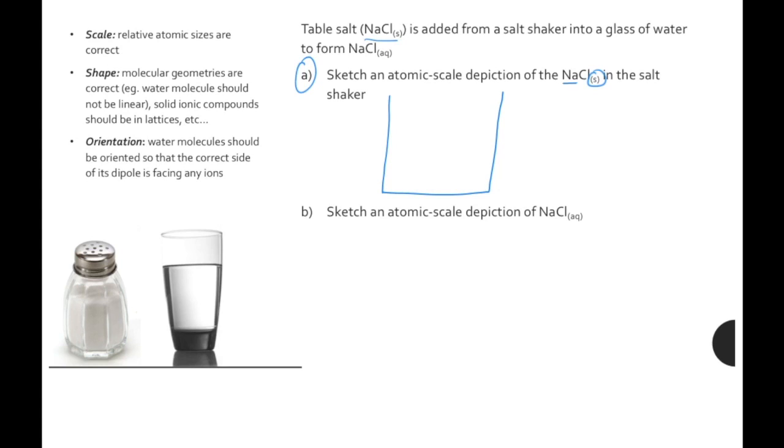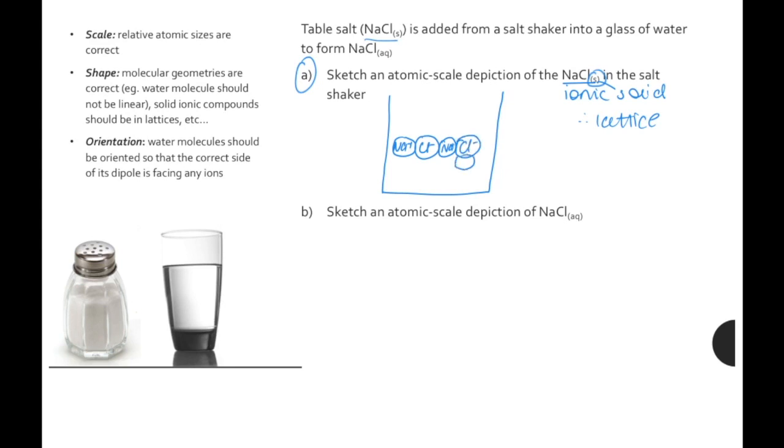Now, we know that sodium chloride is an ionic compound, and we can see that it's solid. So it's going to have a lattice structure with alternating sodium and chloride ions. This is what it will look like.